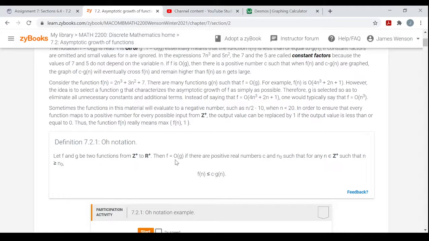Then f is O of g if there are positive real numbers c and n sub 0 such that for any positive integer n greater than or equal to n sub 0, f of n is less than or equal to c times g of n. On a piece of paper I'm going to write out what this means in words.